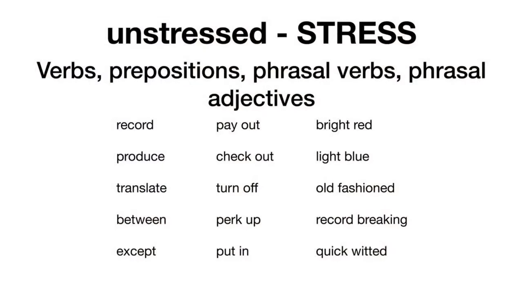Okay, so it's going to have that stress and that kind of lift up on the end of the word. So we have the unstressed and then the stress. We're going to use this in verbs, prepositions, phrasal verbs, and phrasal adjectives.